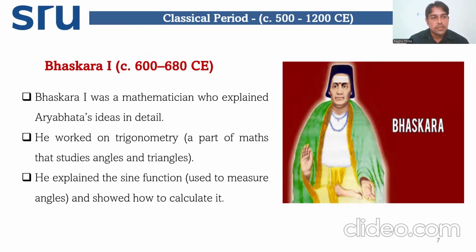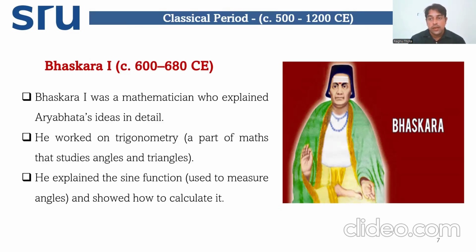There is another person called Bhaskara 1, who belongs to 600 to 680 CE. Bhaskara 2 is also there. And what are his contributions to Indian mathematics? Bhaskara 1 was a famous mathematician who explained the ideas of Aryabhata in a very detailed manner.